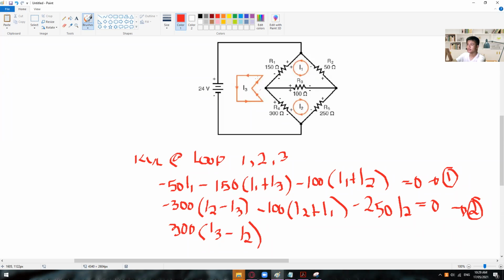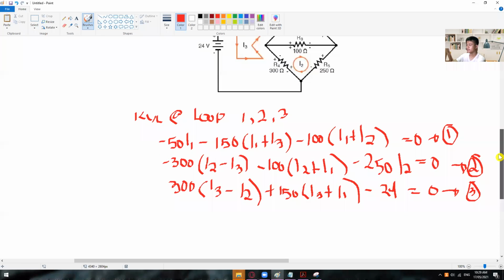And then the next one is positive 150 I3 first, followed by the I1. We have the same flow of current, so it's positive I sub 1. And then going back here, we have negative 24 is equal to 0. So this is now your equation number 3.